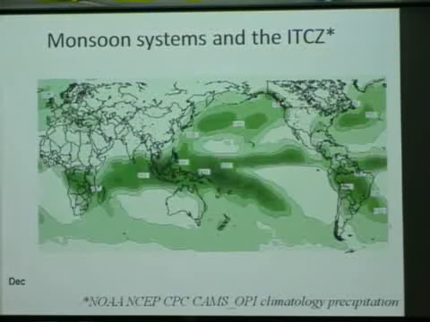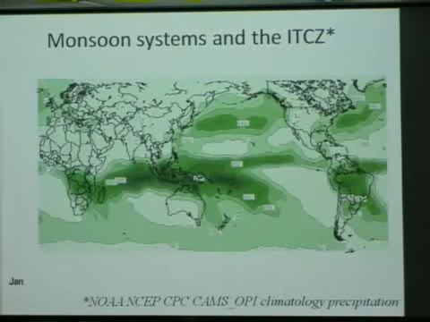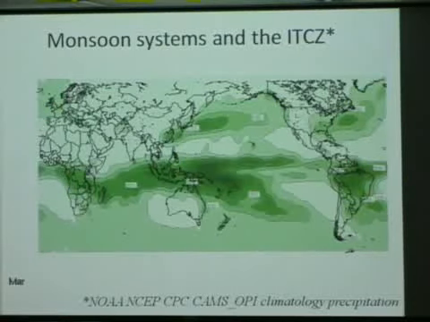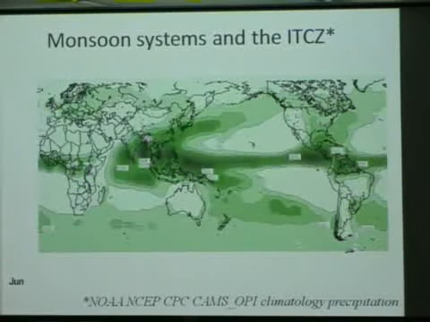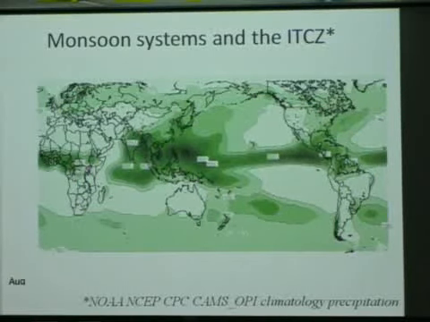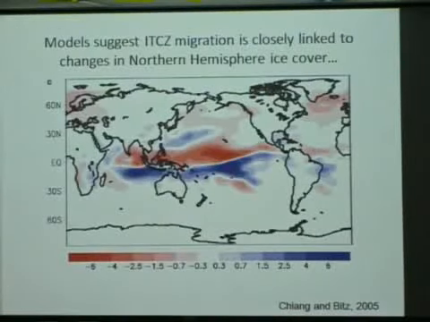So if you can impose, rather than just a seasonal change in that position, a longer-term shift in the mean position of that rainfall band, that would have this effect. And as I said, a number of climate models have shown this. For example, modeling the last glacial maximum, where we had a significant amount of northern hemisphere ice cover and sea ice up here, ocean circulation was a bit slower.